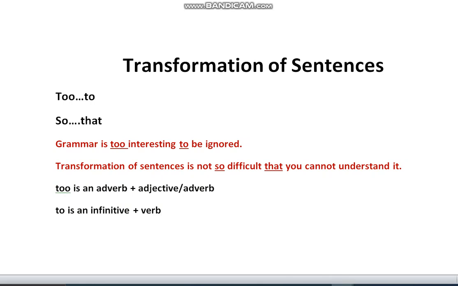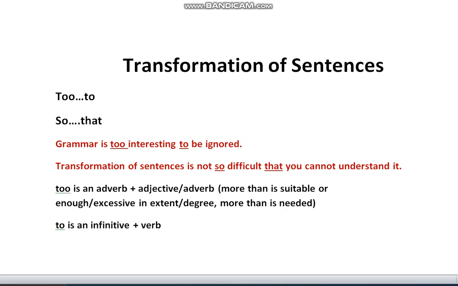Then "too" means more than is suitable or enough, or excessive in extent or degree, more than is needed. You need to understand the meaning of "too" in this structure because "too" also has another meaning, that is "also", but we're not talking about that in this structure.